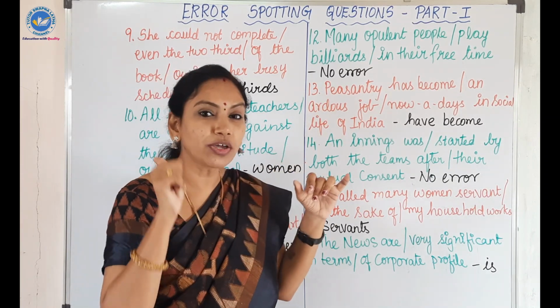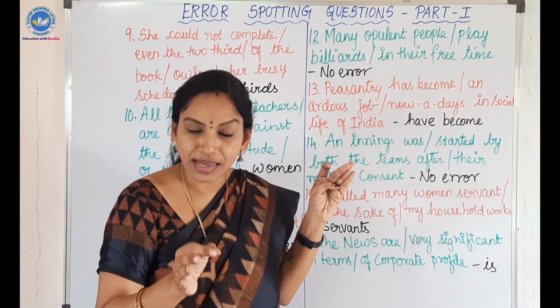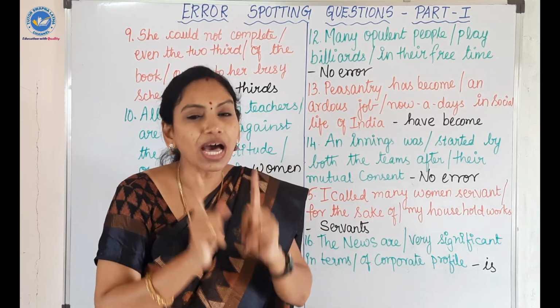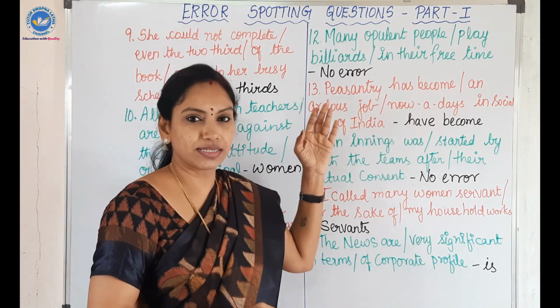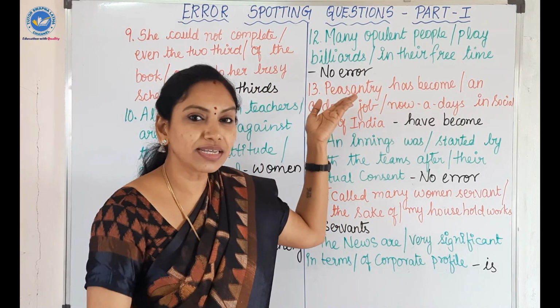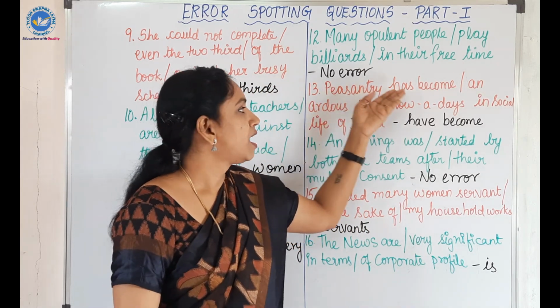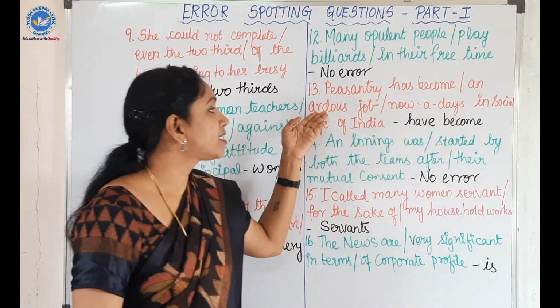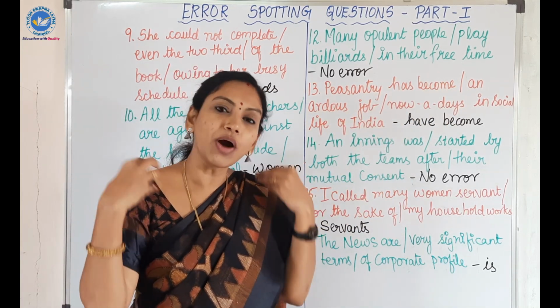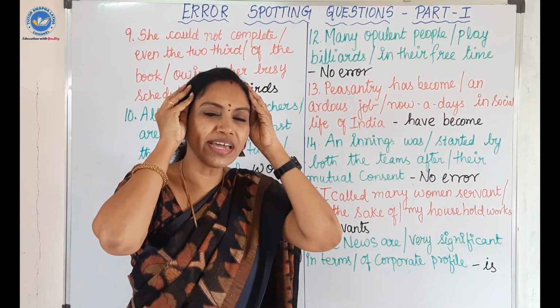So peasantry, what do you mean by peasantry? Peasantry means, in my last video I told you, agricultural laborers. That is, the farmers are called peasants. Peasantry has become, that is farming, has become an arduous job. Arduous job means people keep avoiding it. It has become a very hectic job.